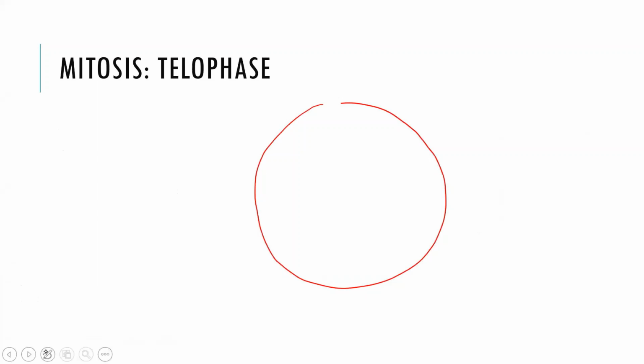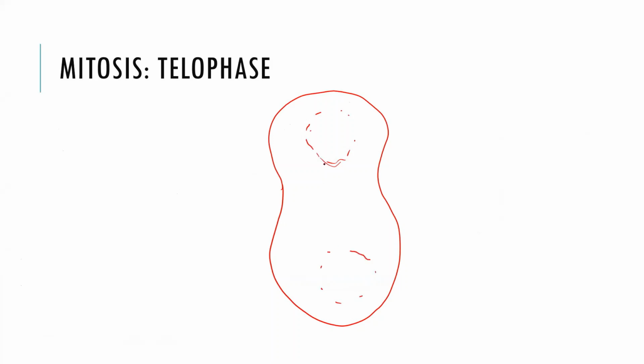Then you have the telophase. You have the cell like this, and the cell elongates and then you have the nuclear membrane reforming, and in the nucleus you have the separated sister chromatids as chromosomes, and these start to uncoil and form chromatin, right?